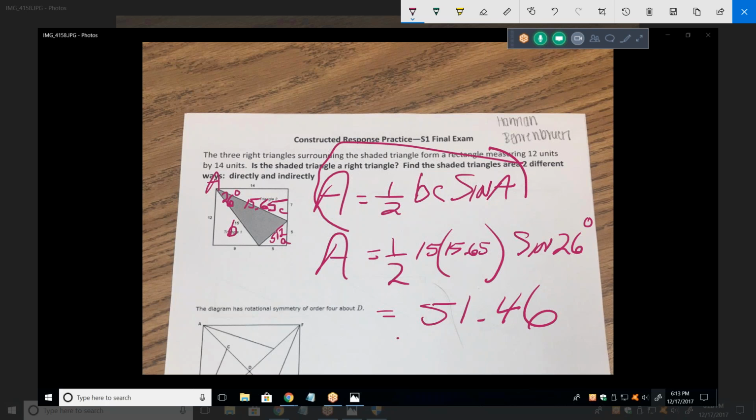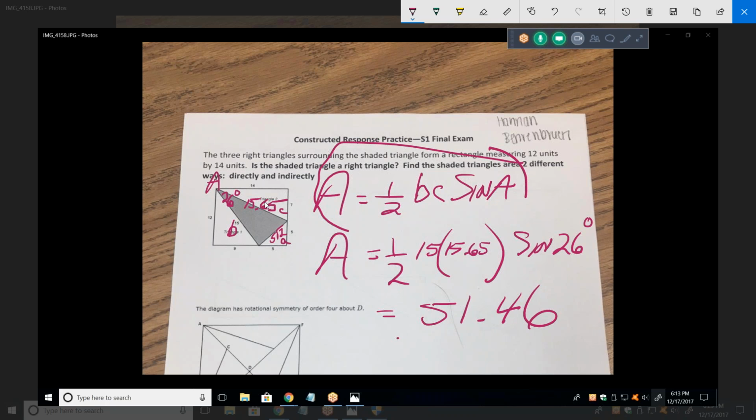The reason the two answers are not the same is because I rounded off the 26 degrees and the 15.65, so this doesn't give me a real exact answer.